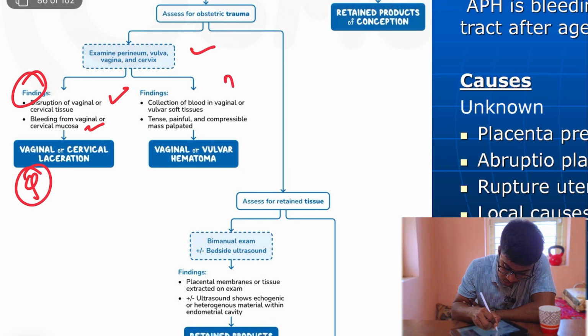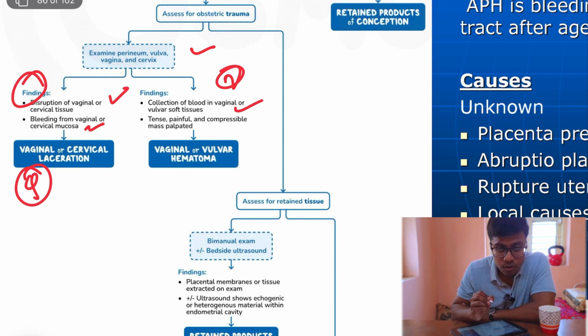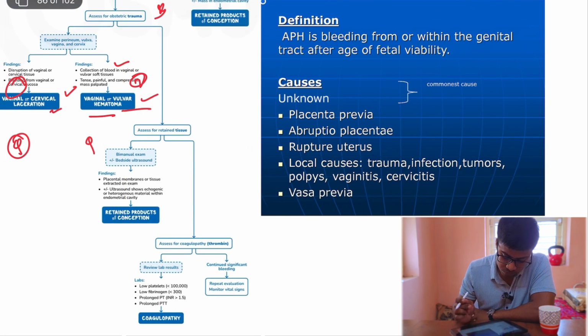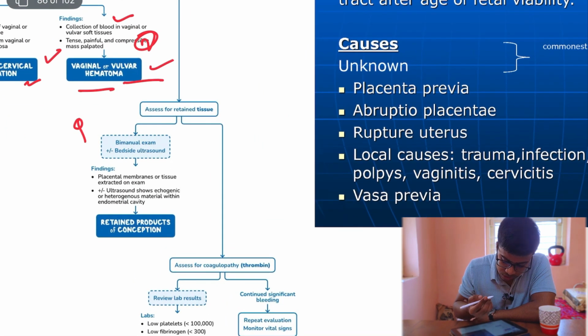Findings: if there is collection of blood in vaginal or vulvar soft tissue, tense, painful compressible mass is palpated, vaginal or vulvar hematoma will be there, another case is solved. Again, these are the options given in MCQs, so you have to know the diagnosis for this. That's why this approach I have taken for this time's high-yield questions.